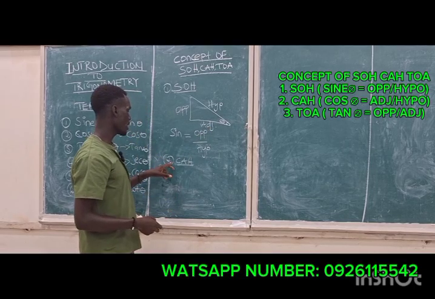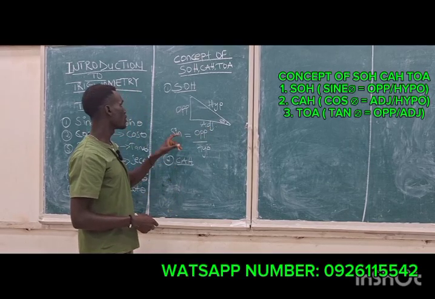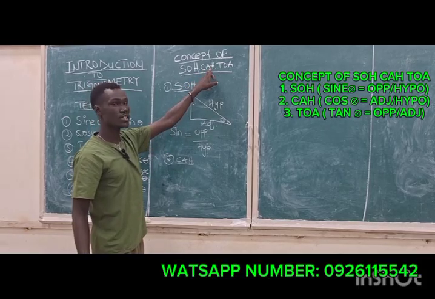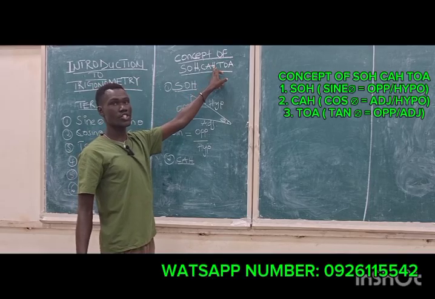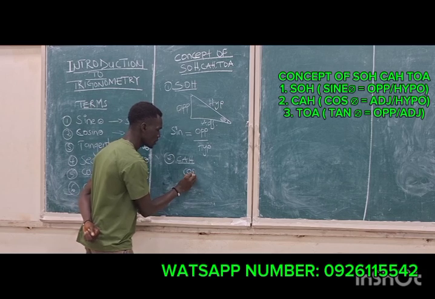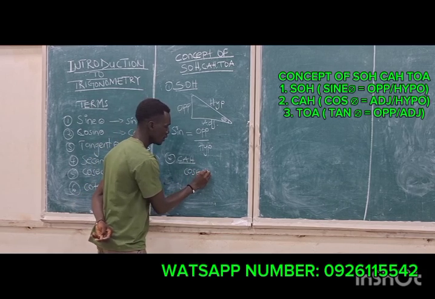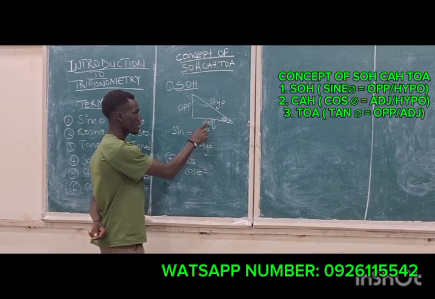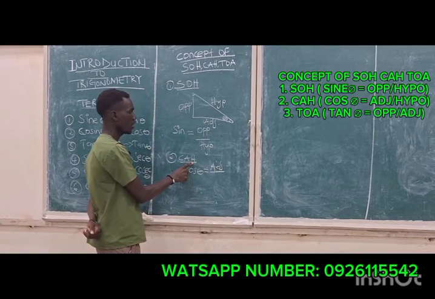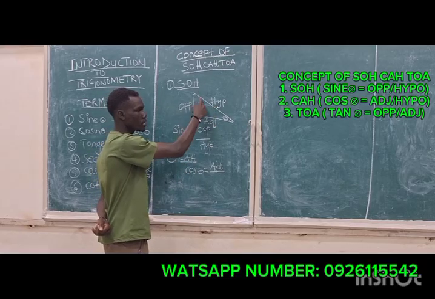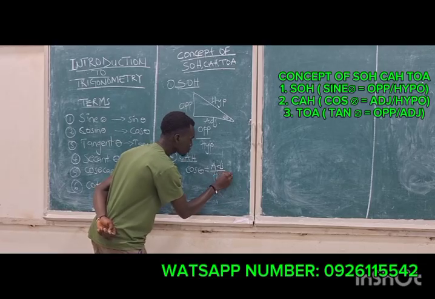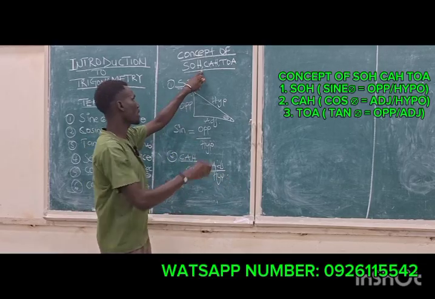Now, C here stands for the cos, A stands for the adjacent, whereas H stands for the hypotenuse. So cos theta is equals to adjacent all over hypotenuse, the longest face of the angle. So we are done with this.